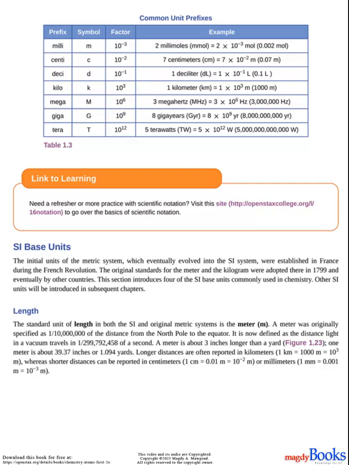Tera, T, 10 to the power of 12. 5 terawatts, TW, equals 5 multiplied by 10 to the power of 12 watts. Table 1.3.